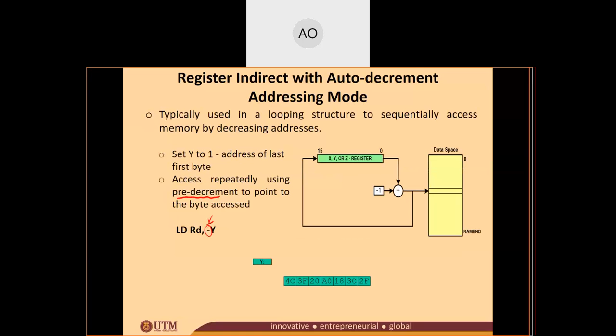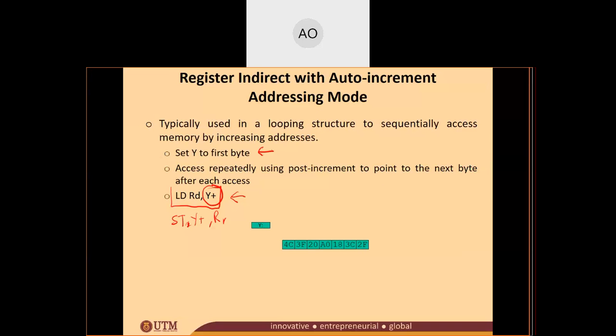For the auto decrement, you need to decrement first, then load or store to that address. That is why it is called pre-decrement. This one here we call a post increment. So: post increment and pre-decrement.